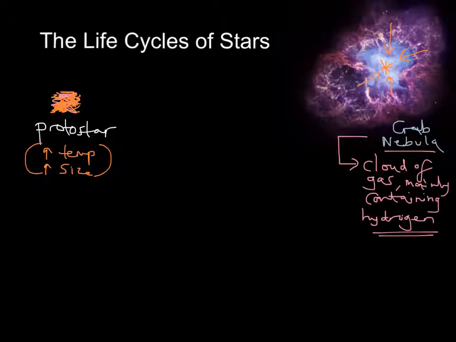Now, over time we form the new star. Now, under these conditions, nuclear fusion happens in the core. By core, I mean the centre. So we're getting nuclear fusion in the middle of this protostar. Just a little reminder, nuclear fusion is when two smaller nuclei fuse together to make a larger nucleus. Now, in this case, we actually have two hydrogen atoms fusing to make a bigger helium atom.